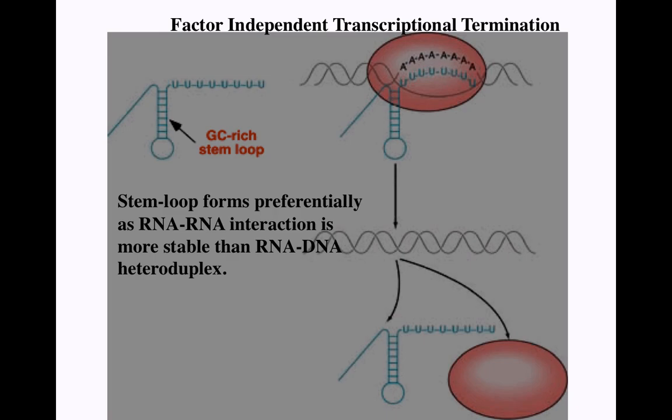So this stem loop will form when you have an inverted repeat, and then if that second half of the stem is followed by a poly-U tail, remember the difference between a GC base pair, where there are 3 hydrogen bonds, and a uracil adenine base pair, where there are only 2 hydrogen bonds. This is inherently unstable. It has very few hydrogen bonds, and so that's going to promote the dissociation of that complex.